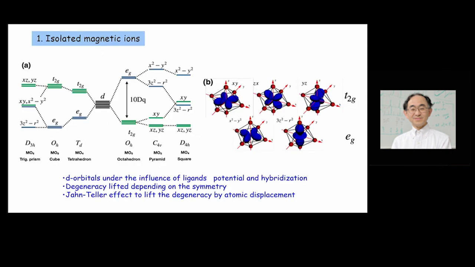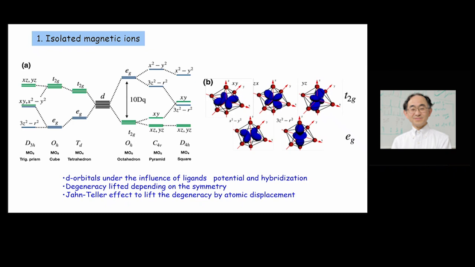Okay, so let me start with isolated magnetic ions, right? So if we have magnetic ions, you have 5-fold degenerate d orbitals. Namely, I will mention the 3d materials for most of my talk.